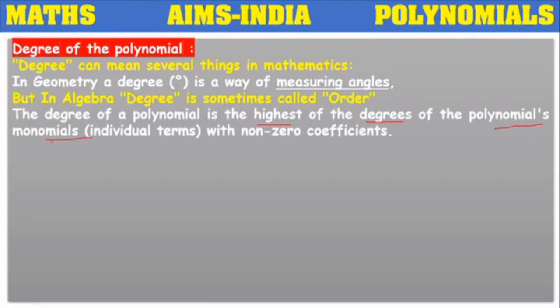Each monomial has some exponent, which is called the degree of that monomial or individual term. Out of all the degrees of individual terms, the highest degree will be considered the degree of the polynomial. But the condition is that all the terms should exist with non-zero coefficients. Then only the term will be considered.